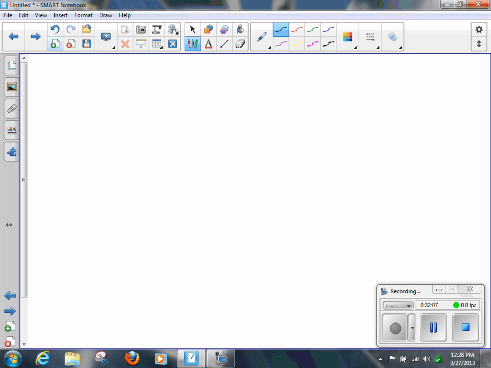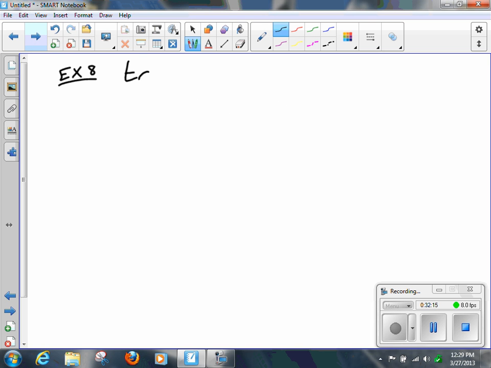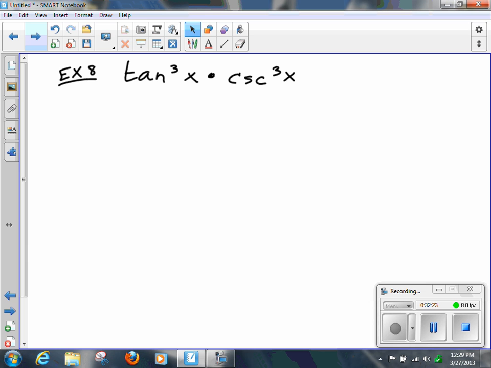I'm going to move on to this because I want you to see it. What happens when all we've dealt with so far has been squared trig functions, and now we've got these cubed? Okay?